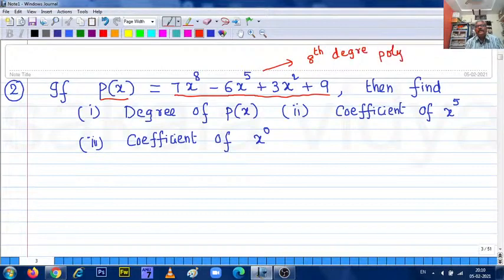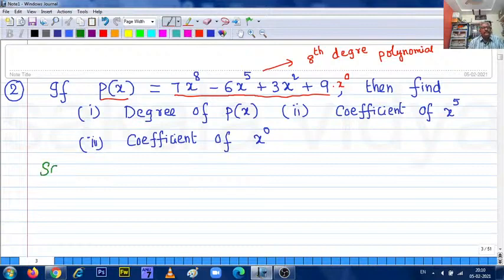The constant term we can write as x to the power of 0. So the powers are 0, 2, 5, 8. Highest power is 8. The highest power of the variable is called the degree of p of x. So degree is 8 here. So we can write the answer like this.